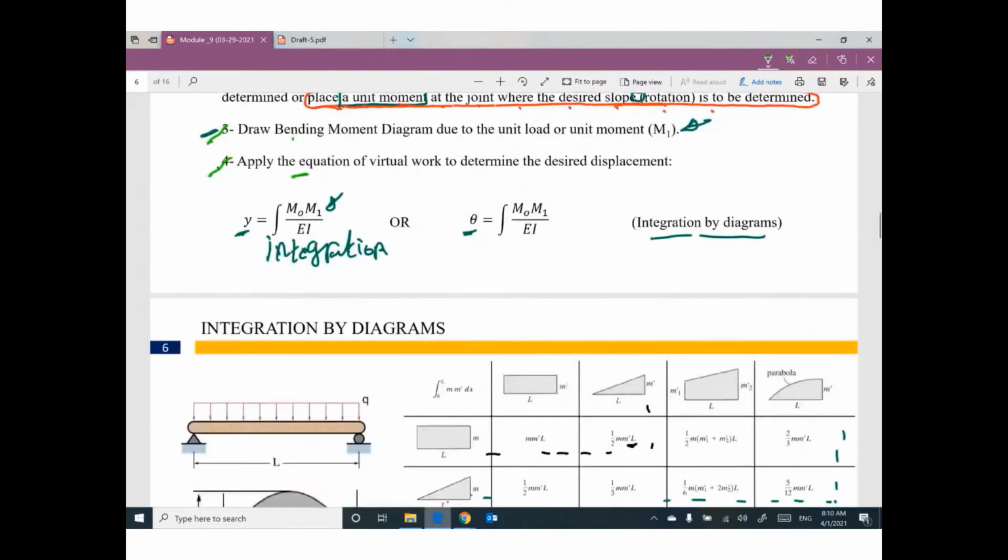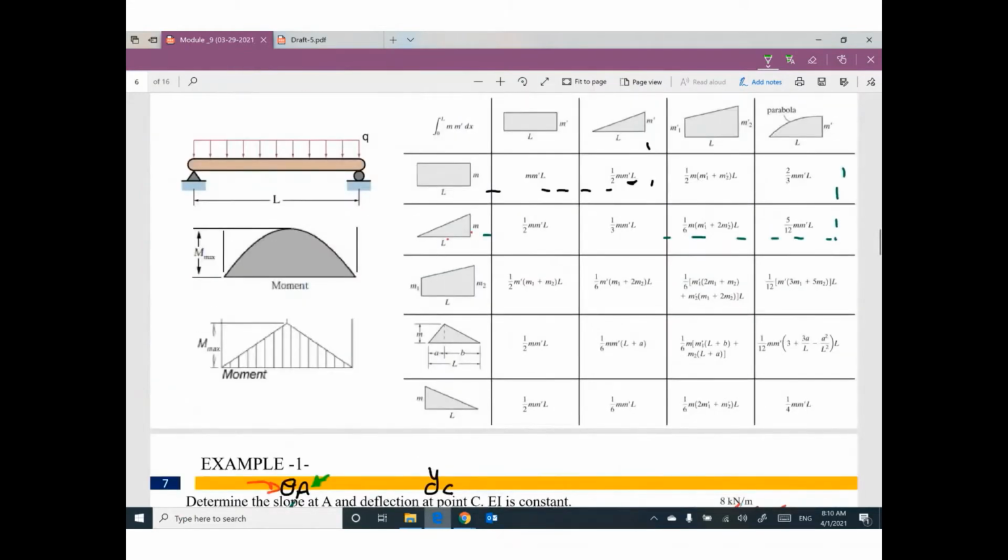If you would like to do the integration, we have this table of integration. Whatever the shapes, if you have a rectangle with a rectangle, use this one. If you have a triangle with a triangle, use this one. If you have a triangle with a rectangle, use this equation. By the way, this value is m bar, this value is m, and this length is L.